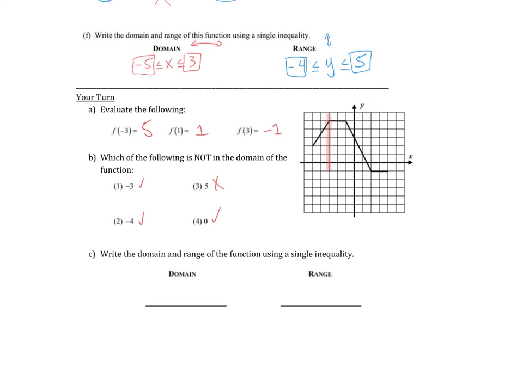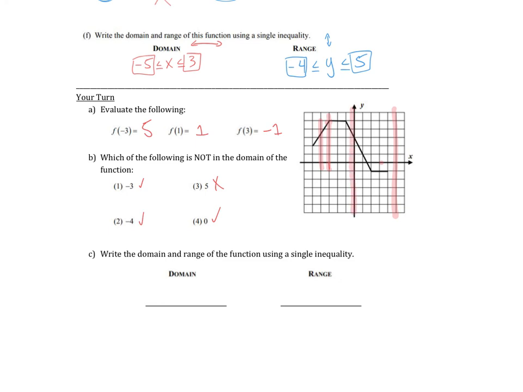Negative 4, still good. 5, checking that out, 1, 2, 3, 4, 5. That's over here. That is not good, right? Because that's too far. That graph is only between negative 5 and positive 4. So that is not included in the graph. And then 0 is also included. If I just check that out, that's right there.